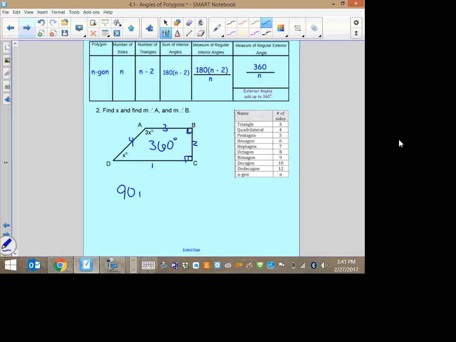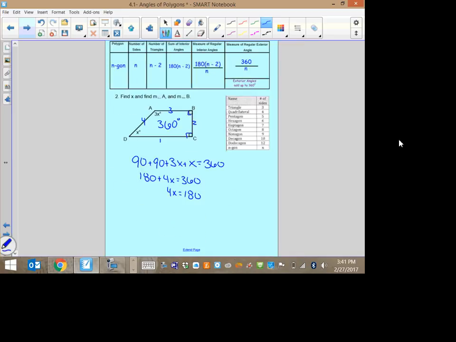So we have 90 plus 90 plus our 3x plus our x has to equal 360 degrees. So combining, we're going to get 180 plus 4x equals 360. So there we get 4x equals 180. Dividing by 4, we're going to get x to be 45 degrees.